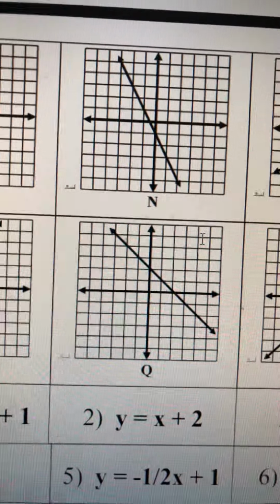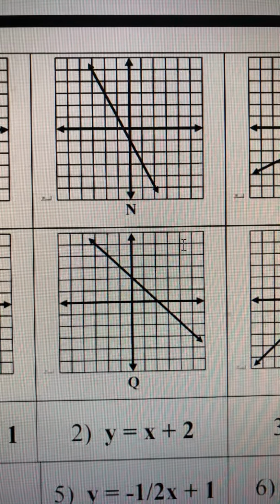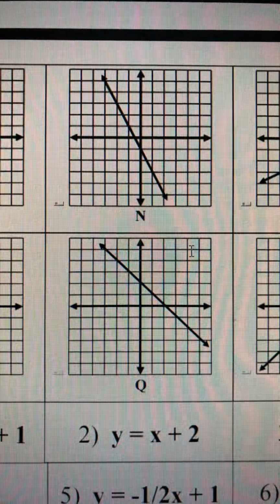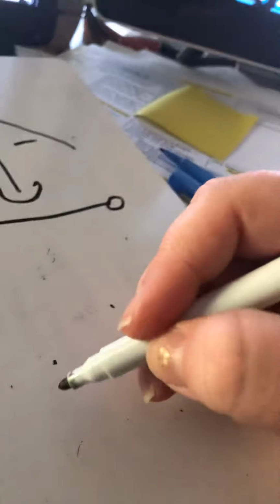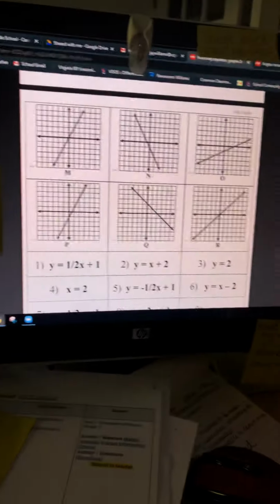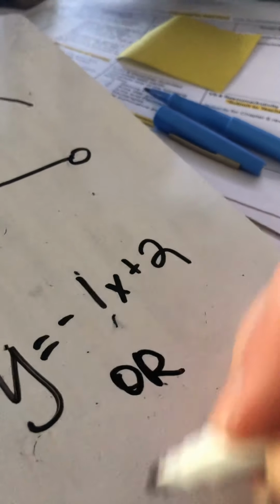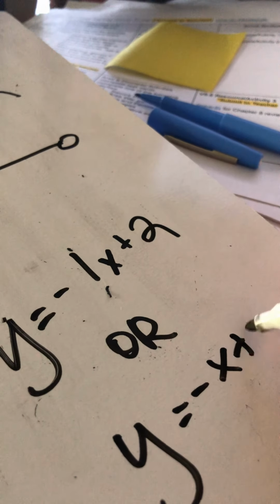So my equation would be y equals -1x, or negative x, because with just the variable, that tells us that it is -1x, and then my y-intercept is +2, or y equals -x plus 2.